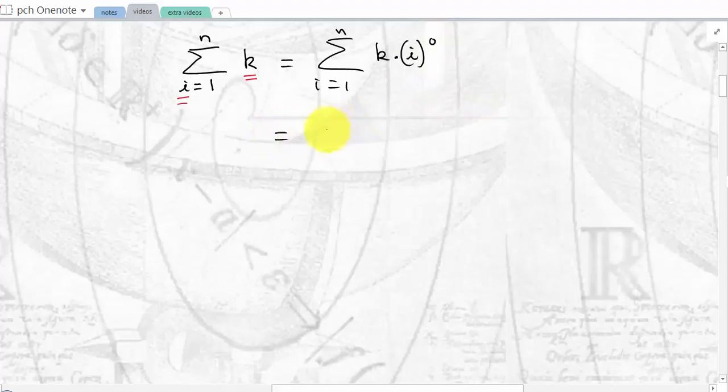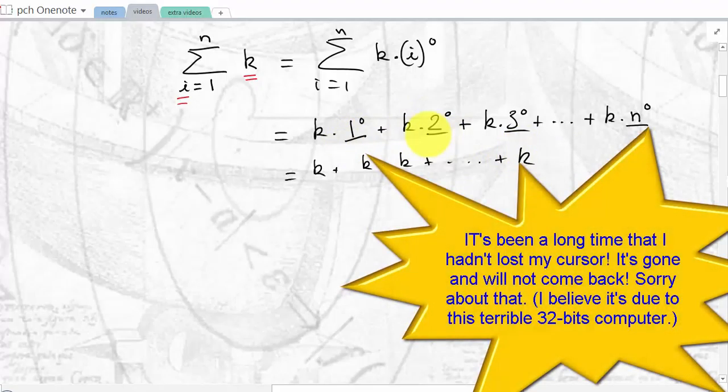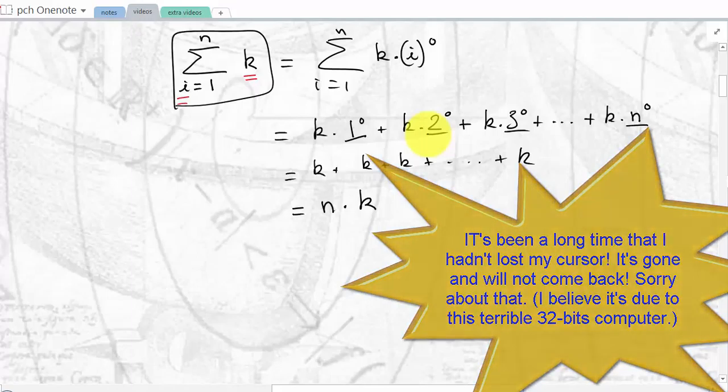So this is k times 1 to the 0 plus k times 2 to the 0 plus k times 3 to the 0 plus etc. plus k times n to the 0. Of course, all these powers of zero are 1, and so it is k plus k plus k plus k. And how many do you have? 1, 2, 3, n. You have n replicas of k, n times k. So this is an important property, and it will show up in some of the problems.